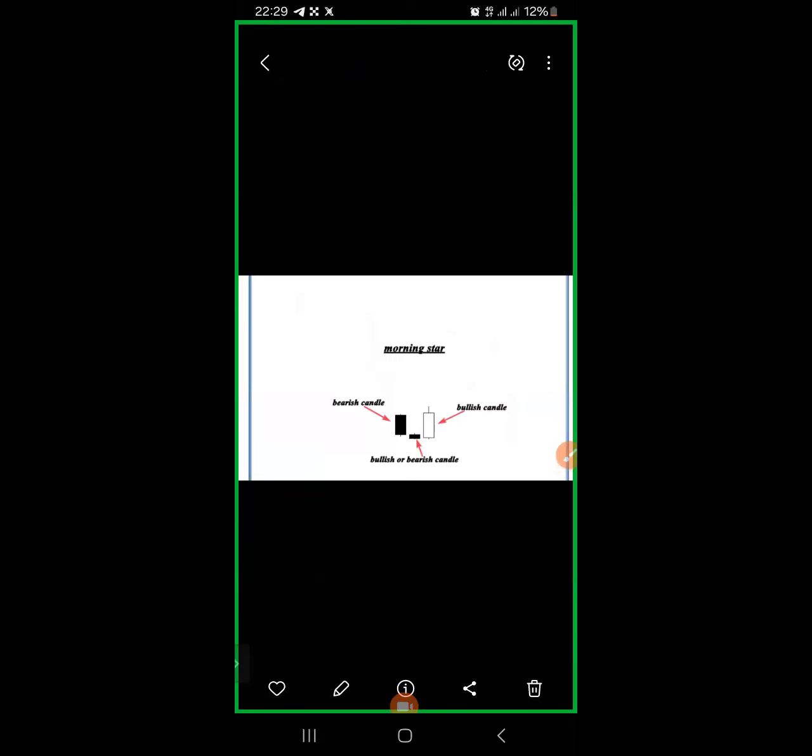The formation of that small candle notifies you that sellers are present, but they don't have the power. They are losing their control and their momentum on the market. So the formation of a big green candle will give us the final decision of where the market is going to head next.